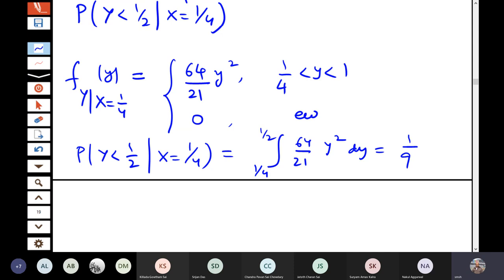Next we talk about independence. When we consider the joint probability, then we talk about the independence of the events. Similarly, when we talk about jointly distributed random variables, we can talk about the independence of the random variables.